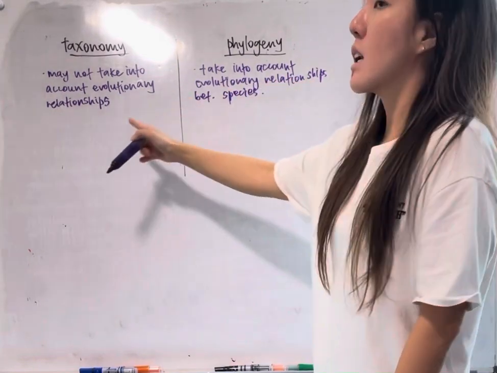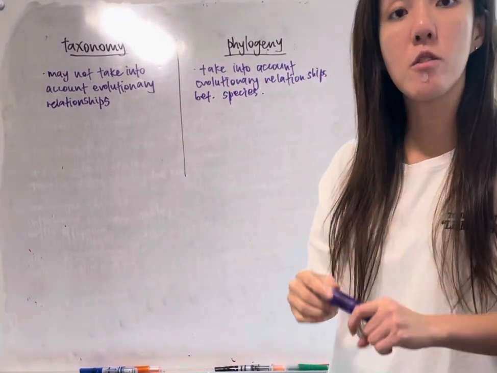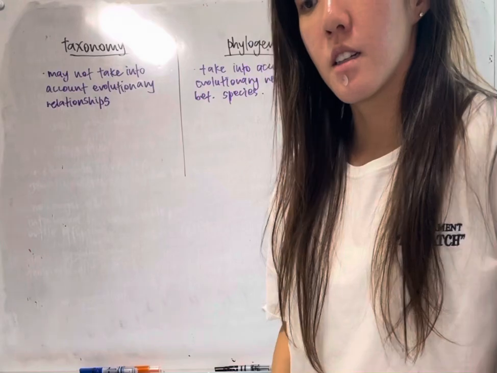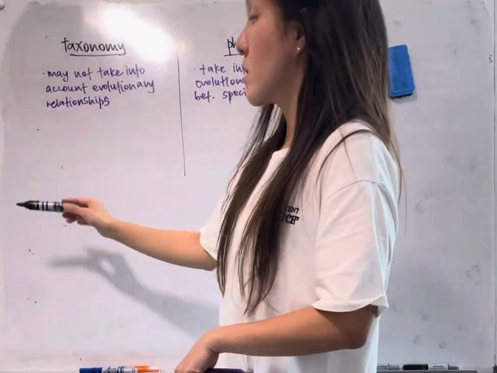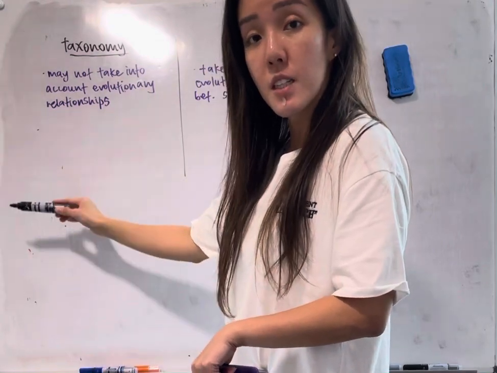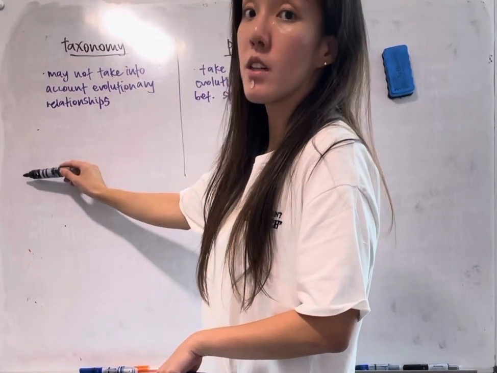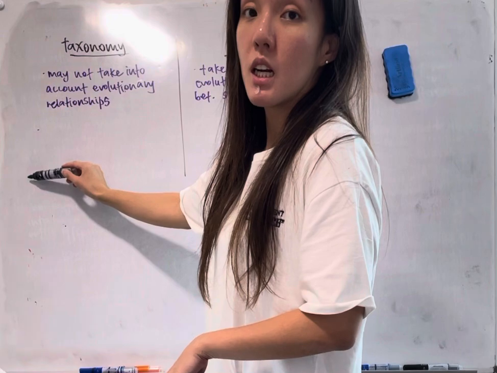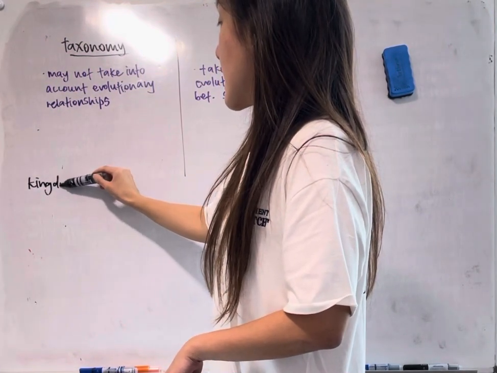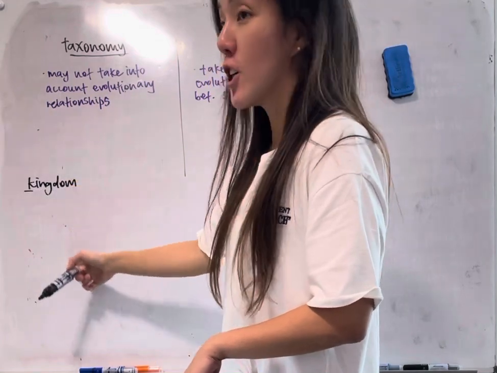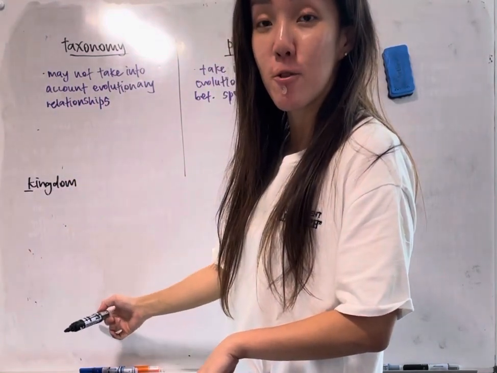Next one. What kind of classification system does this actually follow? Is it King Philip came over for good soup? Please take note, you are expected in the syllabus to know the sequential order when you classify organisms into groups.